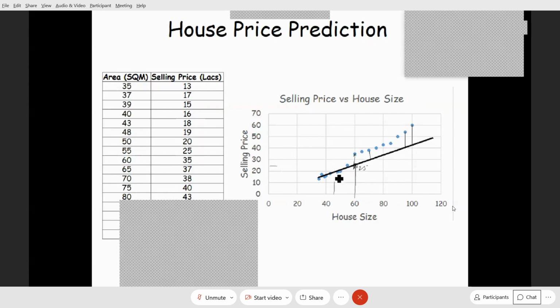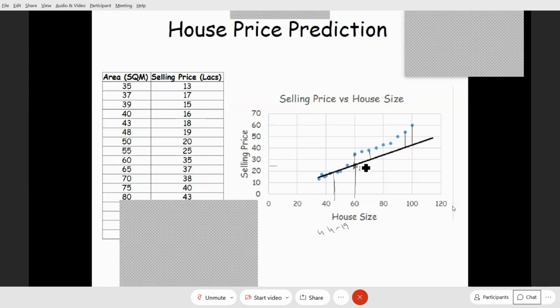If I try to find out for 44, I get a value very close to 19. So wherever I'm looking for the housing price of a particular size, I see where this point lies on the line and what is the corresponding value of y on this line, and that becomes my solution.